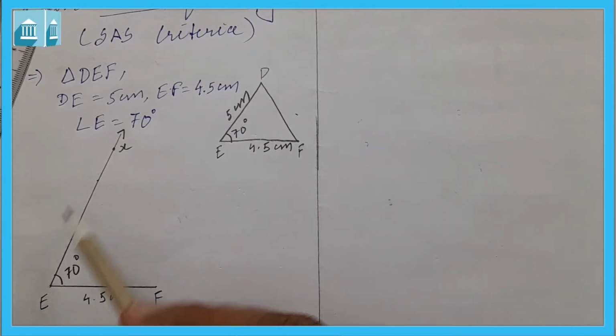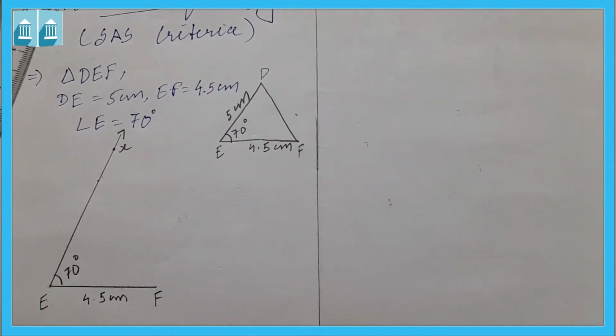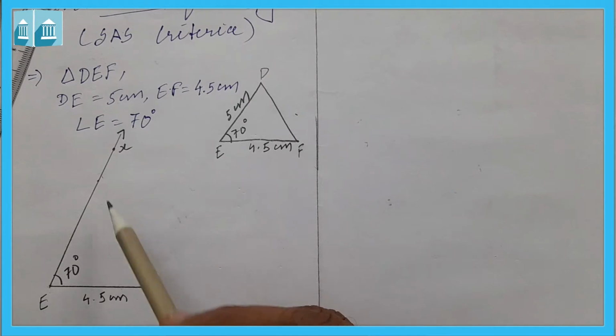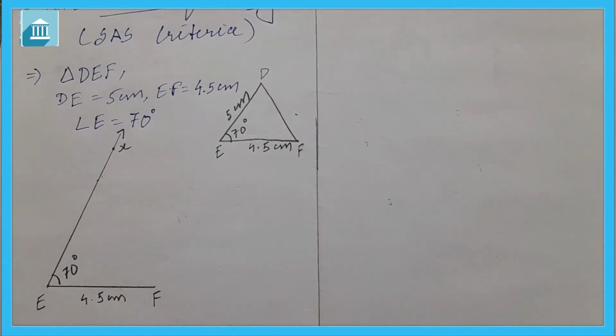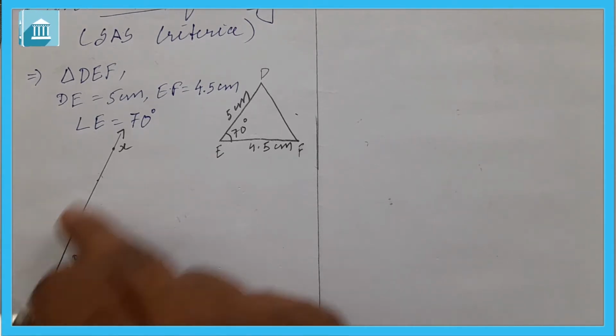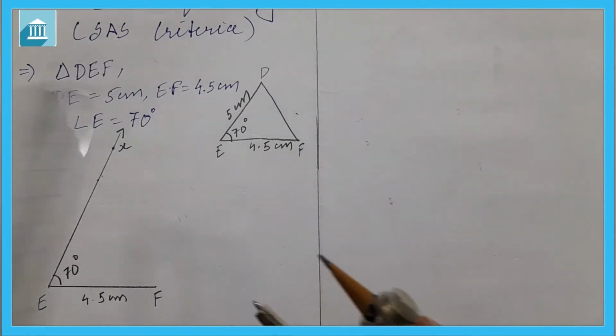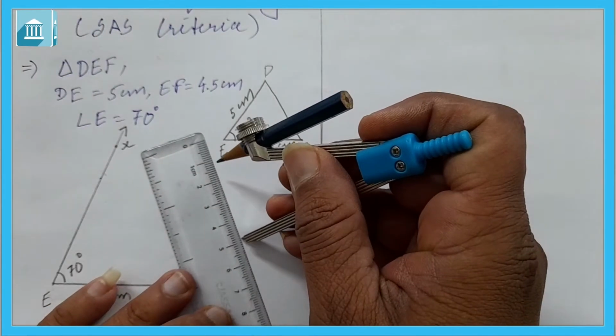Now we know that ED is 5 centimeter. So with center E and radius 5 centimeter, we need to draw one arc on ray EX. This ray EX, radius 5 centimeter. So first we have to take the radius 5 centimeter.